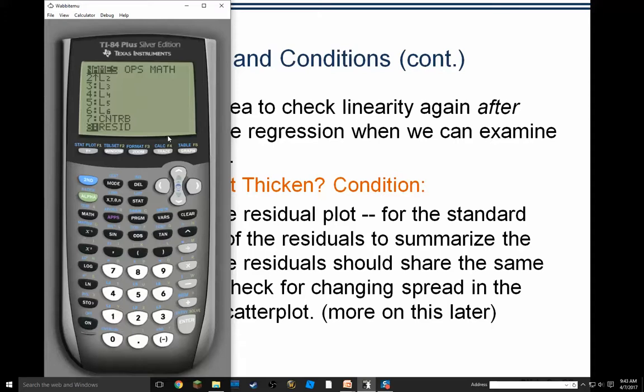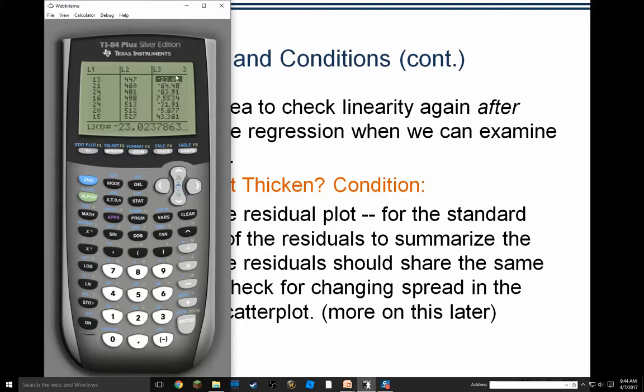Every time you do the linear regression command, your calculator saves the residuals for all of those points in a separate list for you called resid. Now, if you want to see what those actually are, you can go edit and go to an open list. If you highlight the top and then go to that residual and just hit enter, it'll show you the residuals for you.